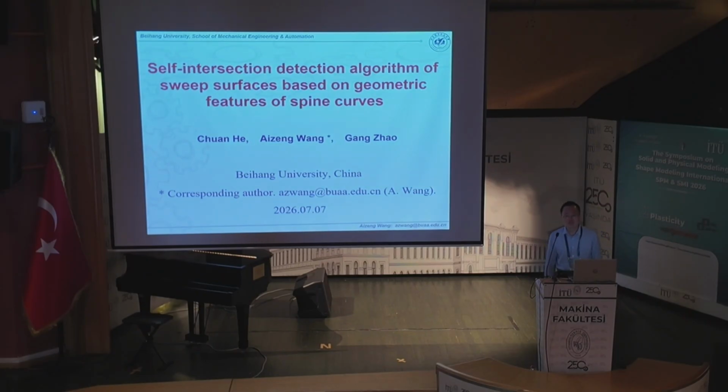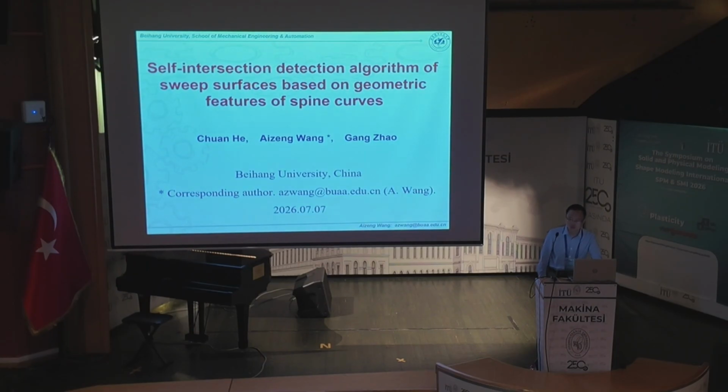Good afternoon, everyone. My name is Aizen Wang. Welcome to my presentation on self-intersection detection algorithm of sweep surface. In modern CAD, sweep surfaces play an important role in product design, yet self-intersection analysis remains an open challenge.